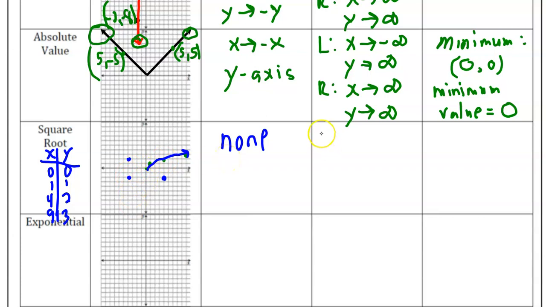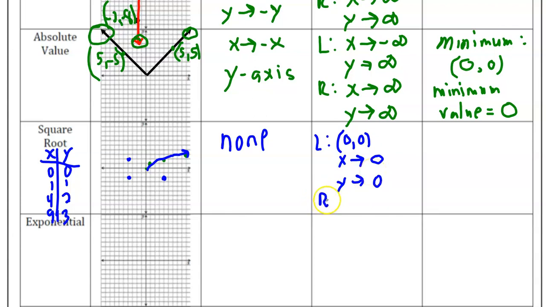On the left side, let's do the left side first. The left side is the point 0, 0. So x is approaching 0. As x approaches 0, y approaches 0.